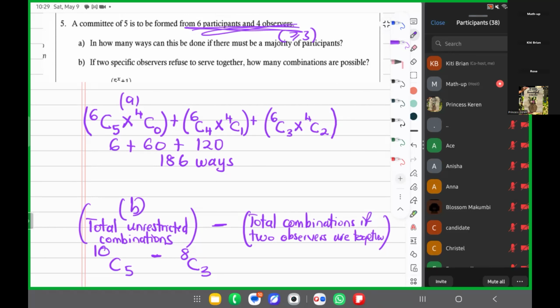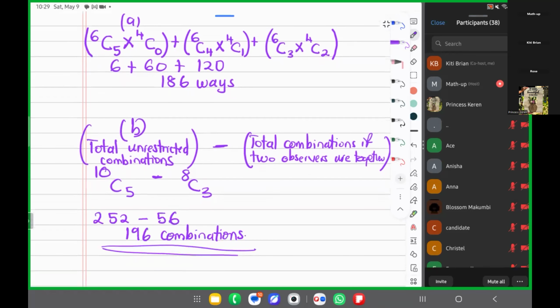Is it clear? So I have considered those 2 observers. Where I'm subtracting, it's because I've considered the scenario where those 2 observers are serving together. Are you together? So I've already picked those 2 observers and put them together, which means I've removed those 2, and out of 10, I'm left with only 8 people. That's why I'm putting an 8 up here.